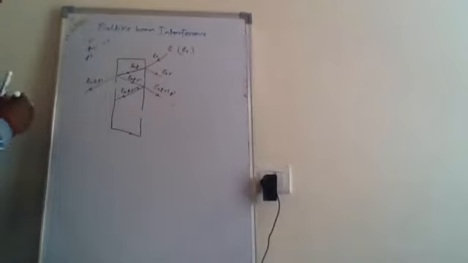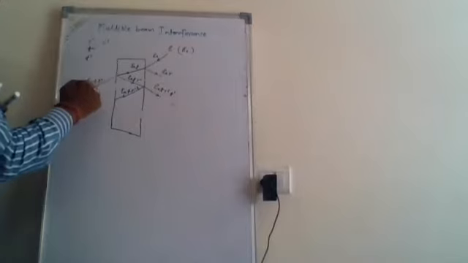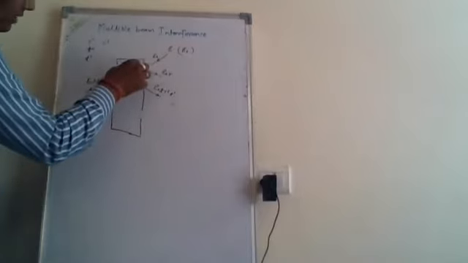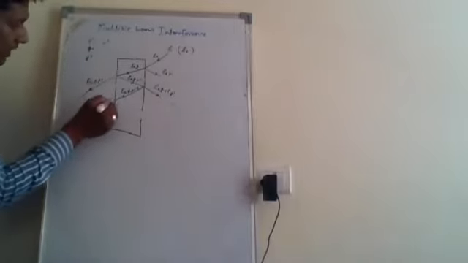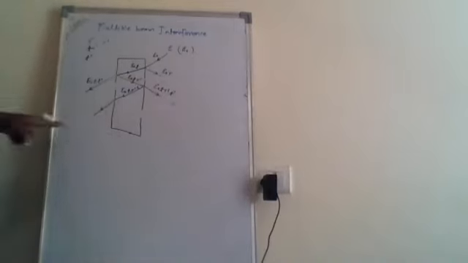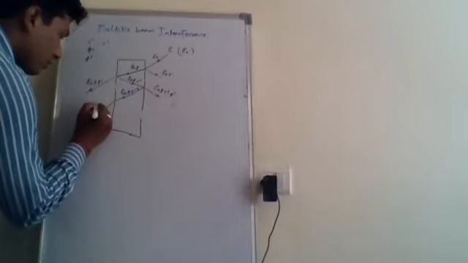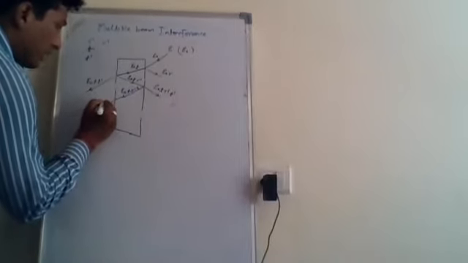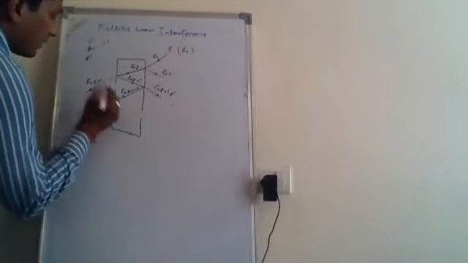The light transmitting outside has transmission coefficient T prime, and light transmitting inside the film has transmission coefficient T. Similarly, this light will again transmit like this, so its amplitude will be E naught T R prime square T prime.